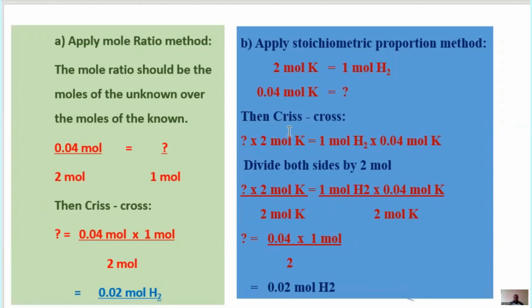Then crisscross: question mark multiplied by 2 mole of potassium equals 1 mole of hydrogen multiplied by 0.04 mole potassium. Divide both sides by 2 mole, and this gives question mark equals 0.04 multiplied by 1 mole divided by 2, and 0.02 mole of hydrogen gas will be obtained.